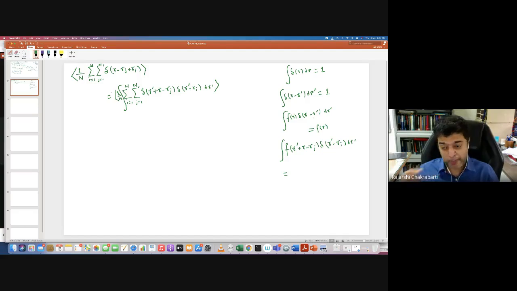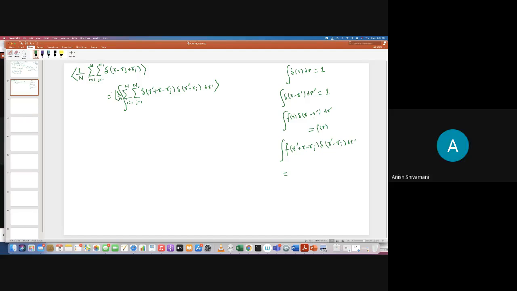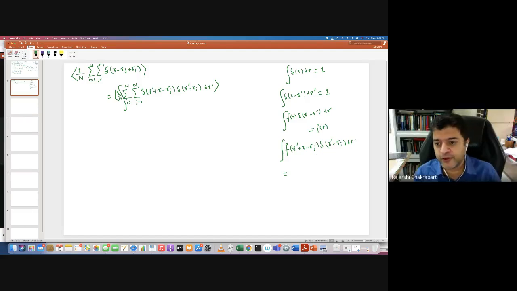I am going to integrate over r prime, so I should replace r prime with ri. Whenever I get r prime, I replace it with ri. So you should get f of ri plus r minus rj. That is the answer, isn't it?